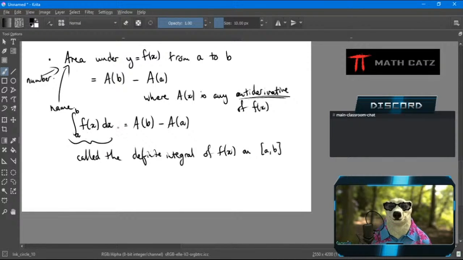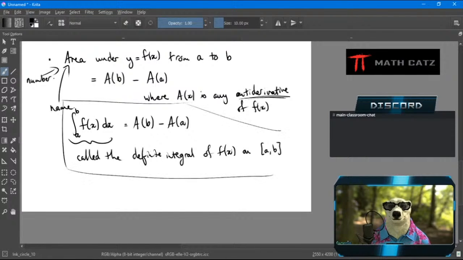I still calculate that area by way of antiderivatives and a little calculation, but it's not exactly the same thing, though they are coming from a similar place. Okay, so here is what we need to know.